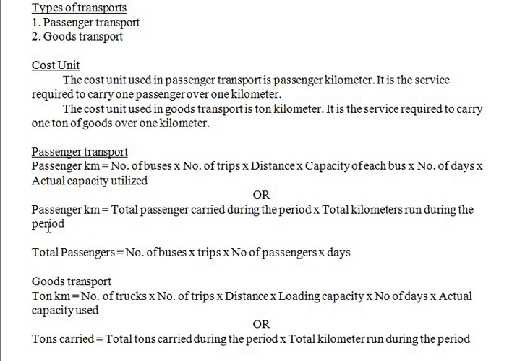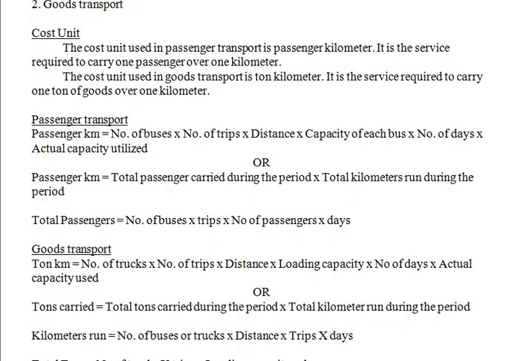Or there is another formula: passenger kilometer is equal to total passengers carried during the period into total kilometers run during the period. Depending on the information, we will have to apply the formula. Then total passengers is equal to number of buses into trips into number of passengers into days.